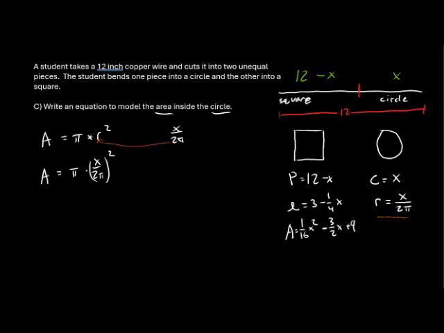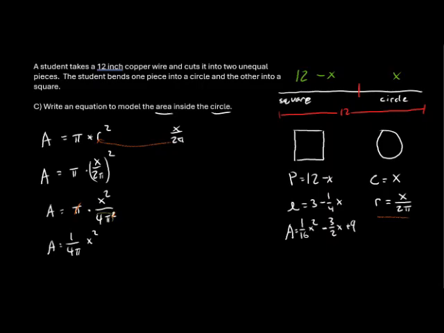If we square this, we'll end up with x squared on top and 4 pi squared on the bottom. Then we multiply times pi and simplify. The pi on the top here cancels out with one of the pi's on the bottom. Therefore, we can say our area is equal to 1 over 4 pi times x squared.